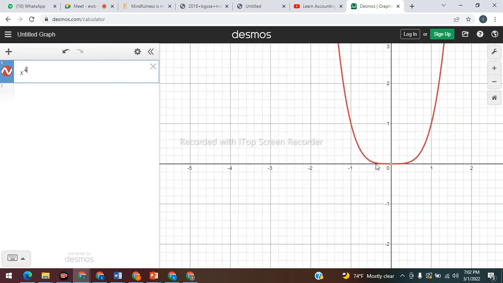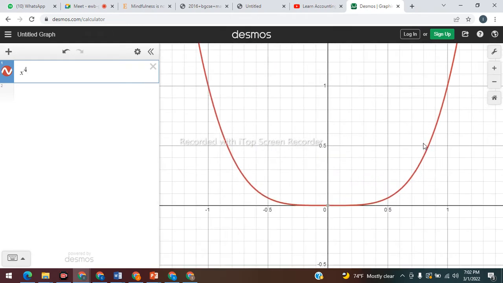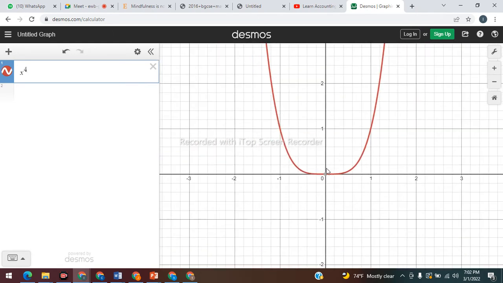Notice that it's flatter. A parabola only hits the x-axis once. If you look carefully here, it's more flat.